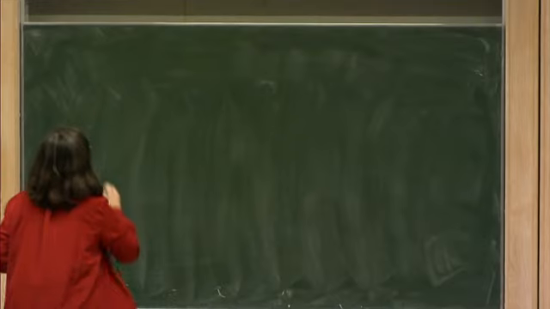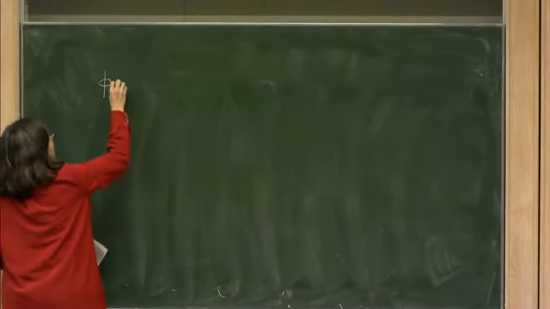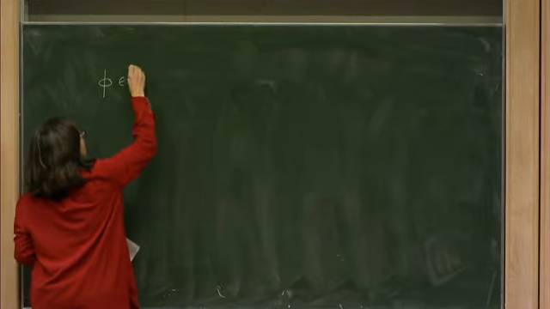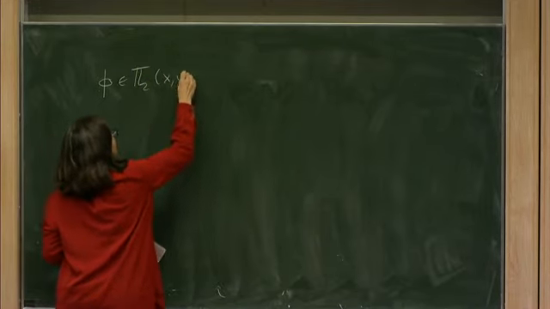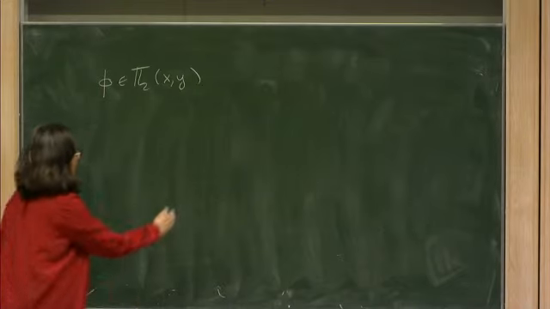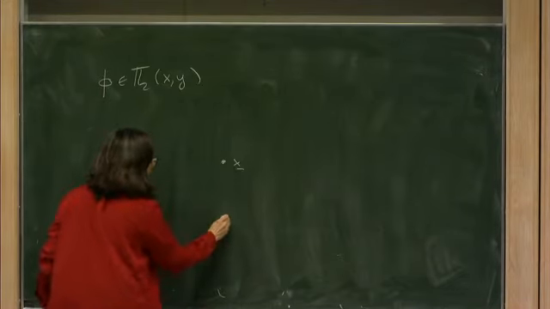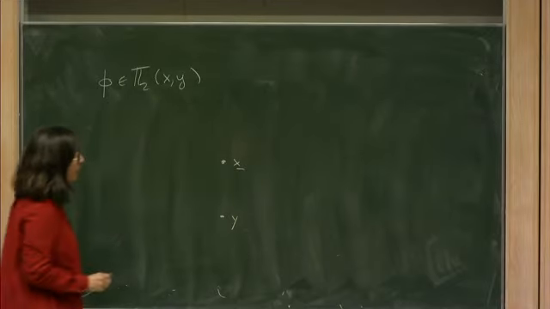What we're counting are these maps phi in pi 2 from x to y. So we think of these points x and y as living in this symmetric product.